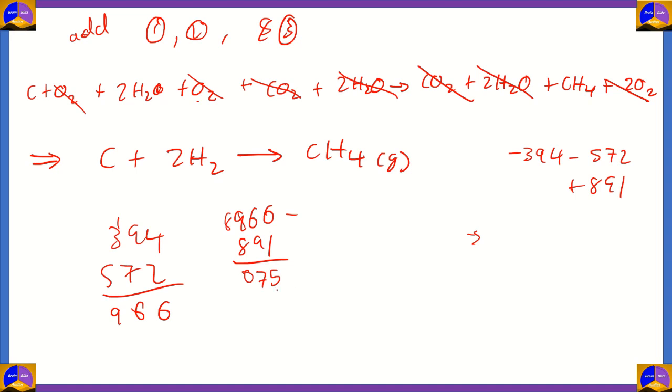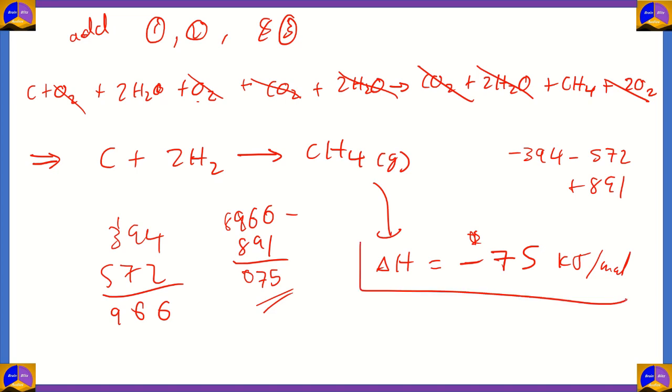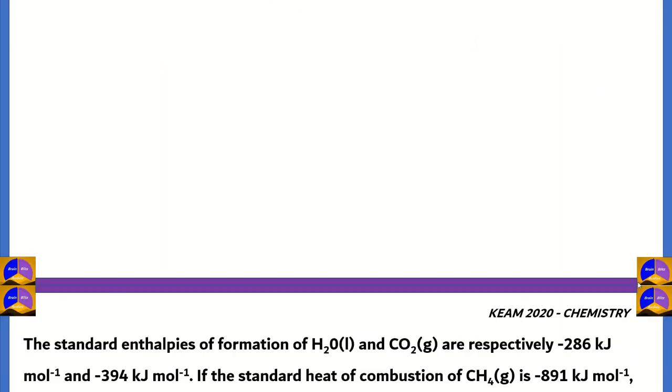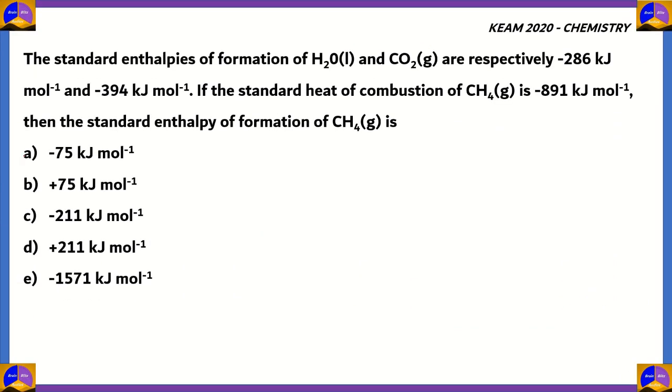So 75 is what we get, but since the signs are inverted here, the correct answer for delta H for this particular reaction is minus 75 kilojoules per mole. So the correct answer for this question is minus 75. And if you look at the following options, you can see that option A, minus 75 kilojoules per mole, is the correct answer.